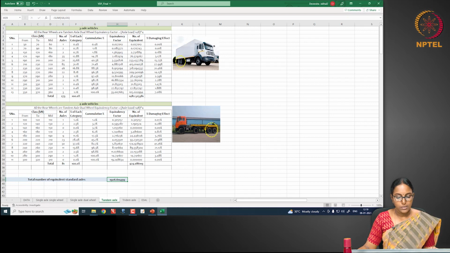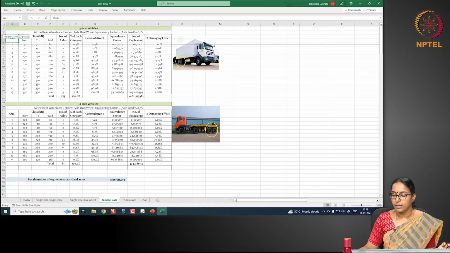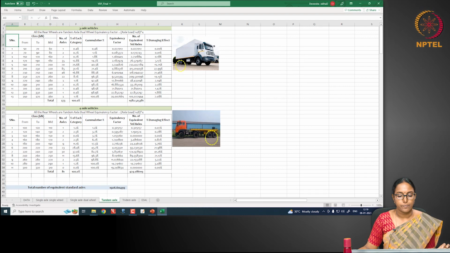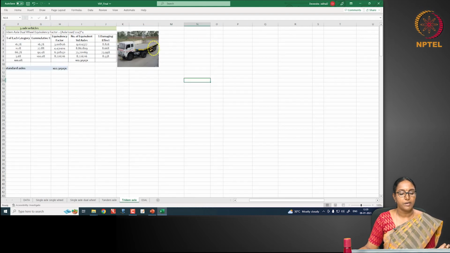And now similarly for the tridem axle, we had only one vehicle category where there were tridem axles. So for that you find what is the damaging effect. So 102 is the total equivalent standard axles from this axles.